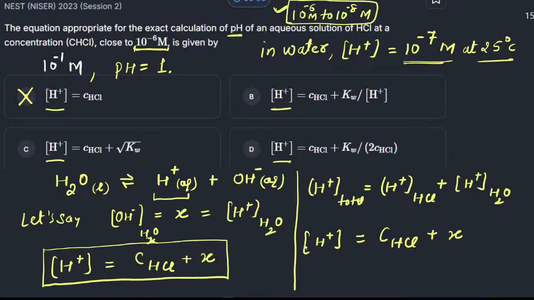Now you know, what is Kw? It is the ionic product of water.